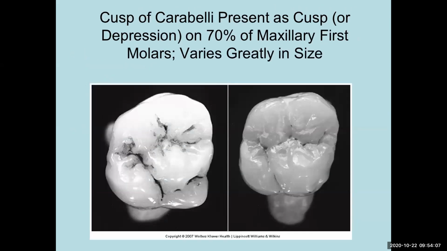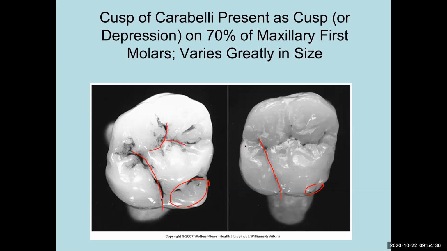Cusp of Carabelli is present on 70% of the first molars, and the size of it varies greatly. So this is a huge cusp of Carabelli versus this one, where you can't even really see it. You've got a very definite occlusal pattern, and look at this distal lingual groove going over onto the lingual surface.